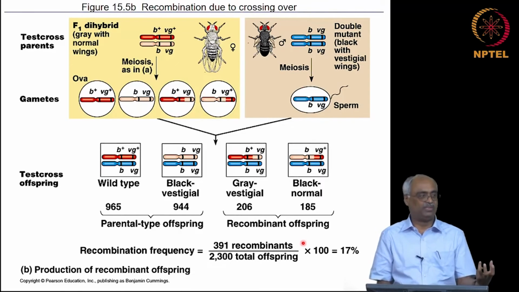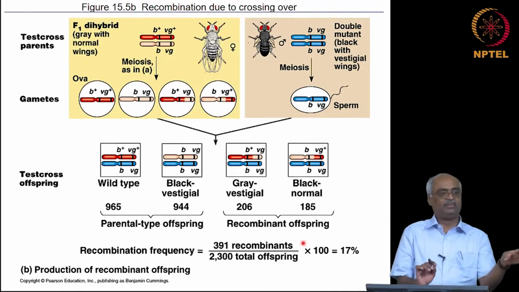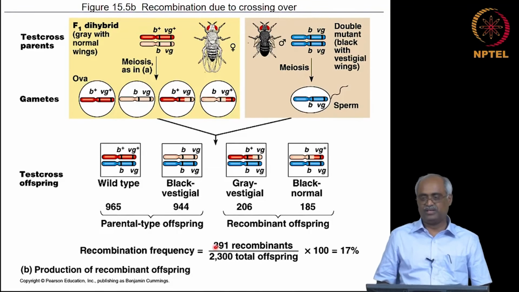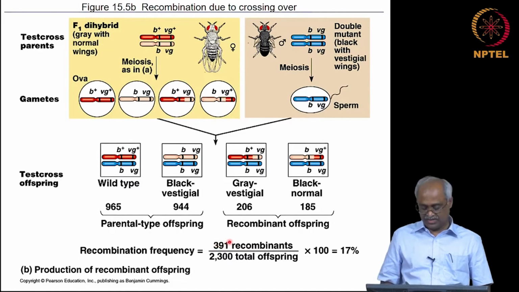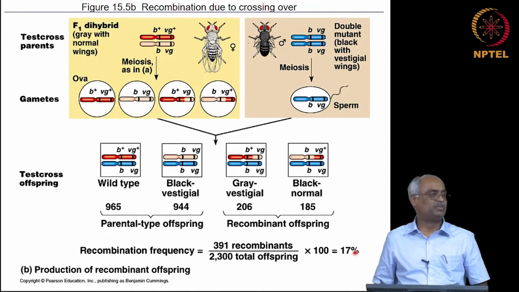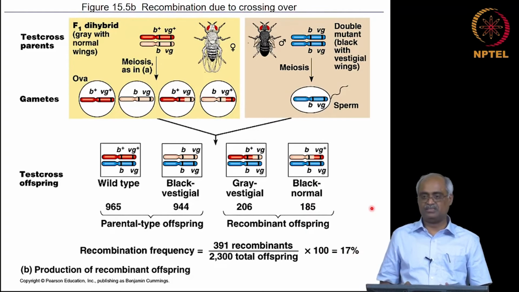When they do not look like the parent, you total them, and in this example that is 391. So, 391 divided by 2300, times 100 to convert to percentage, gives you 17%. So, the recombination frequency in this case is 17%, okay.